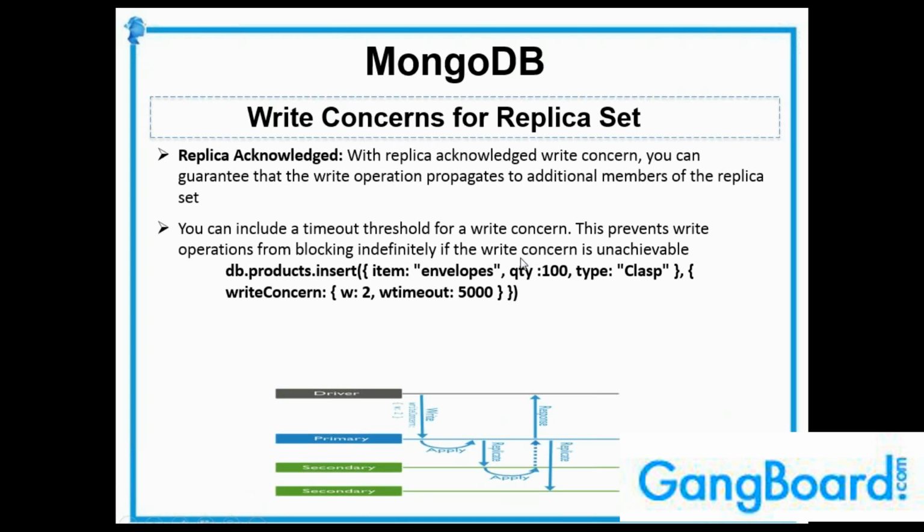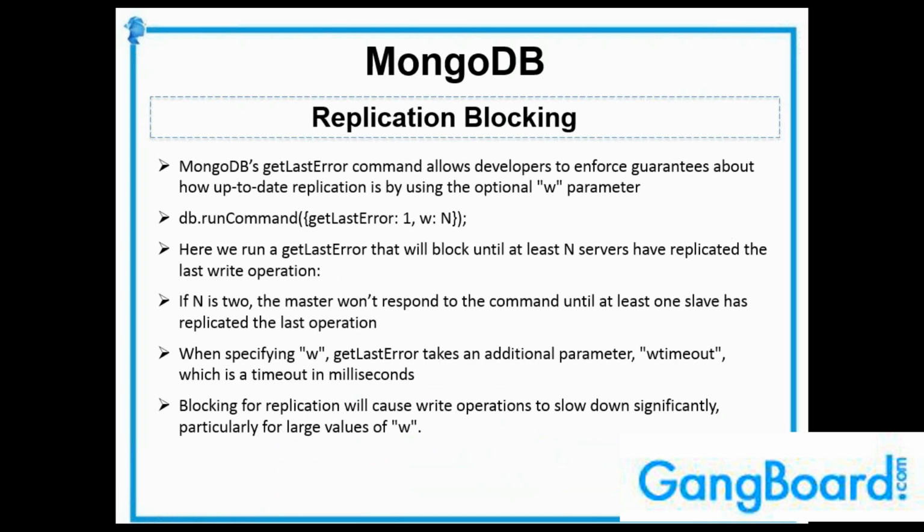This is a sample example. If you see, there is an insert command, in that you need to mention a write concern w:2. For replicas you need to use w.